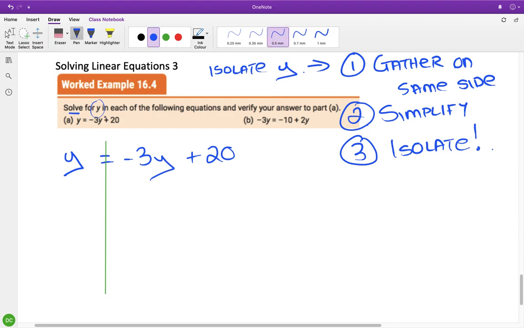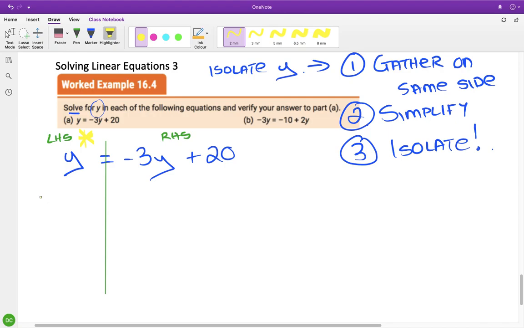Okay, right, so this is our left hand side and this is our right hand side. Now, as I said a good few times, it doesn't matter which side you isolate the y on. So you can just pick, and you have enough maths at this stage to isolate it on either side, so it really doesn't matter. All right, so I'm going to choose to isolate on the left hand side.